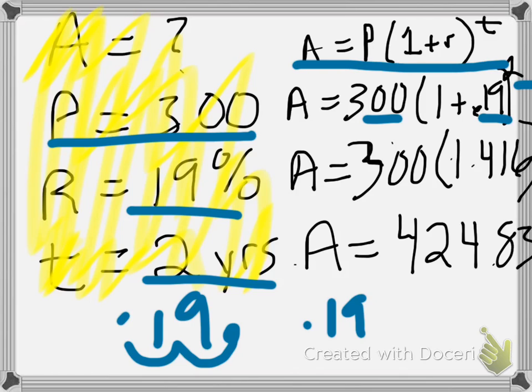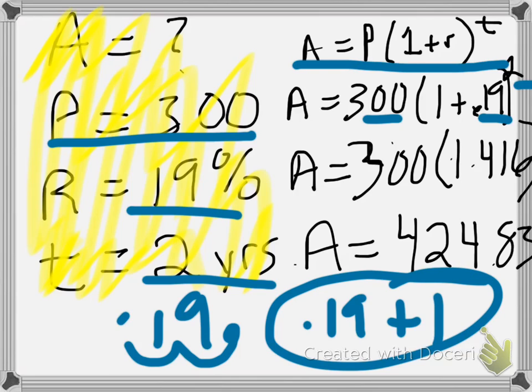Okay, then I just take that 1 and plus 1, and you add that 0.19 to it. Okay, that gives you that 1.19. Okay, that's where this comes in. And I take that and I square it because it's raised to the second power. Okay, so I take that 1.19 and I square it.